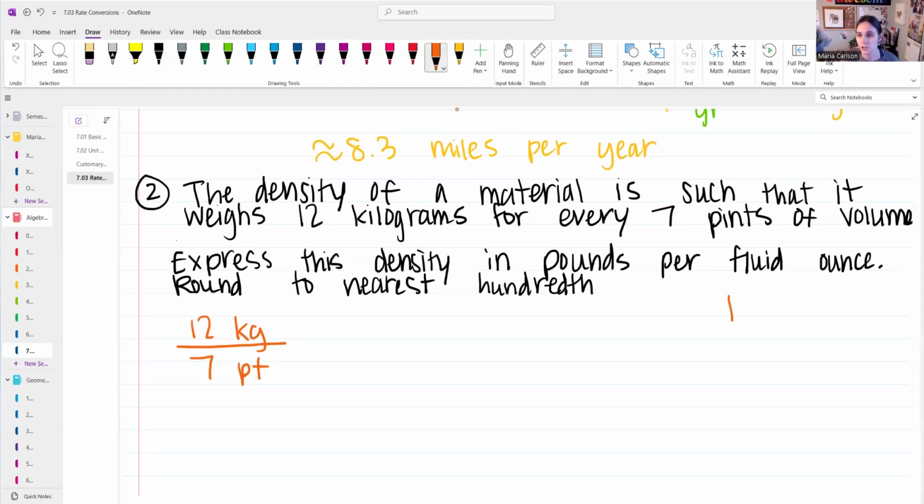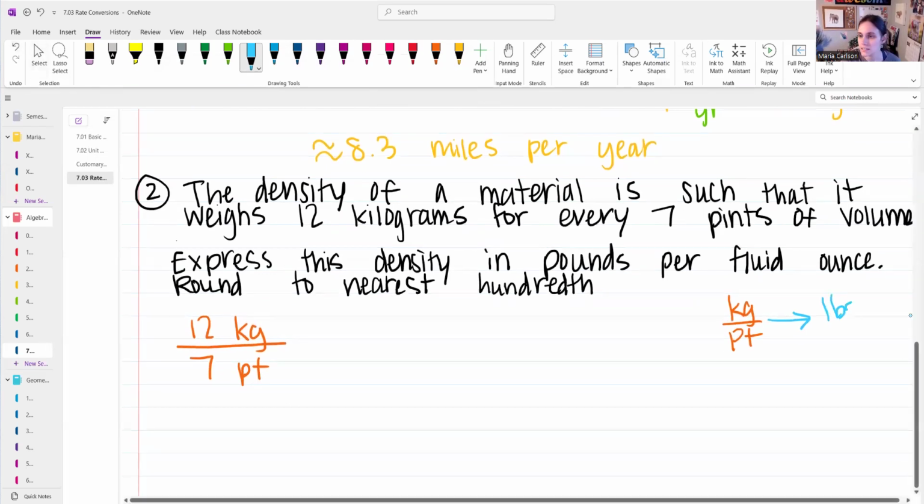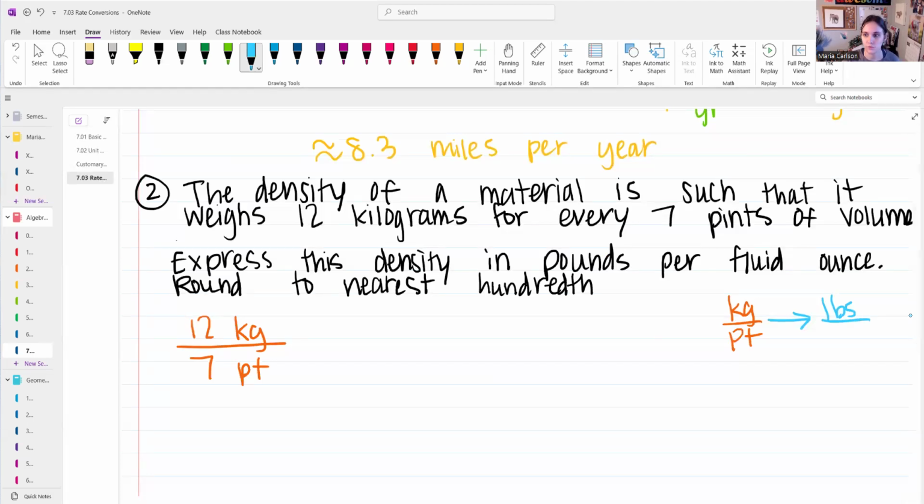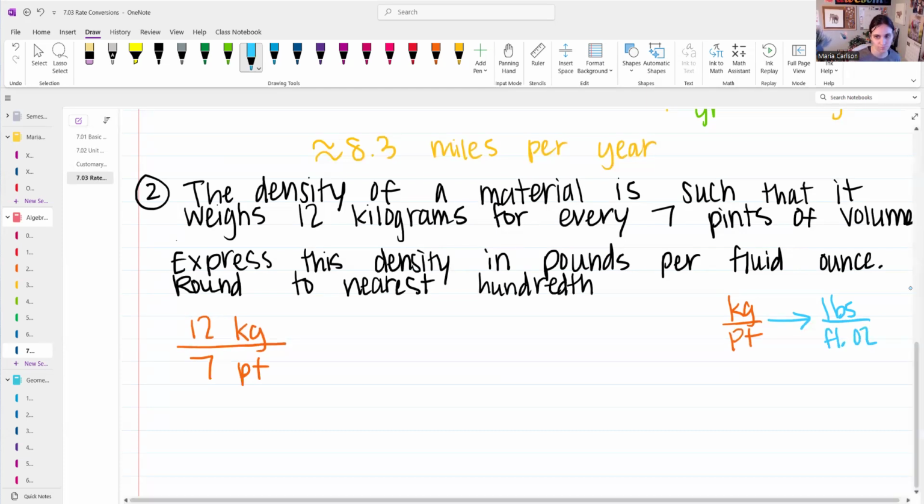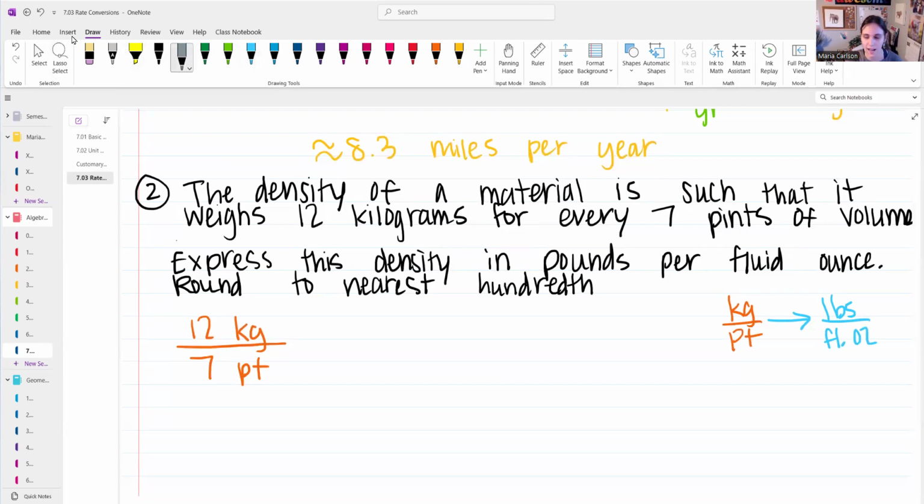So I need to turn kilograms per pint into, we want to turn kilograms into pounds, LBS. And we want to turn pints into fluid ounces, FLOZ. So first, let's talk about how we convert pounds to kilograms or kilograms to pounds.